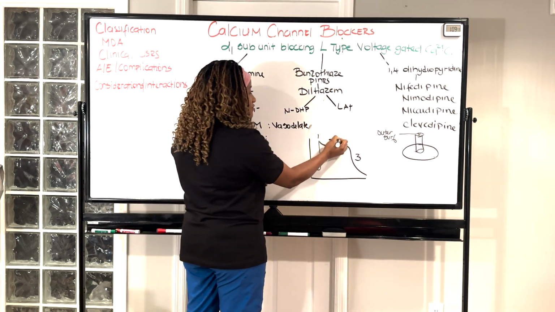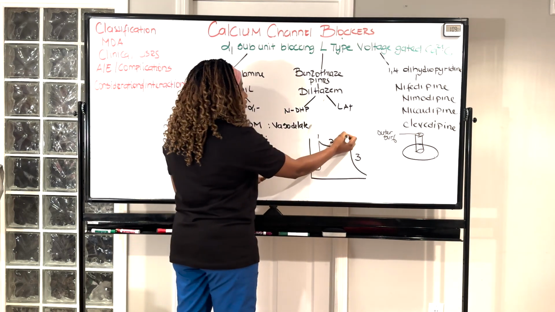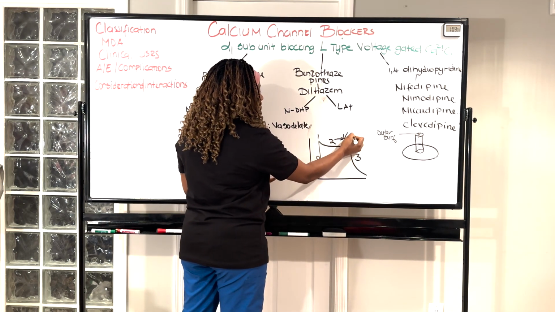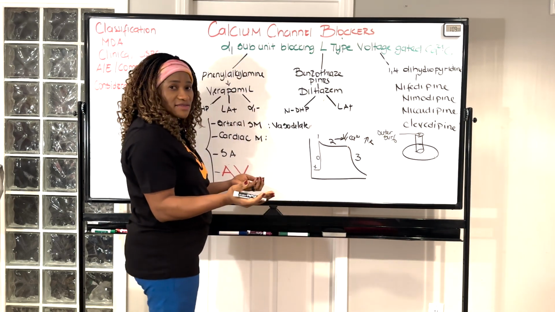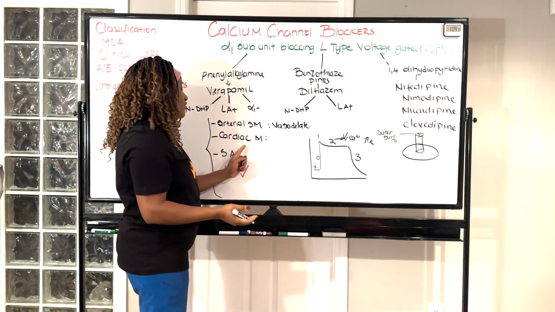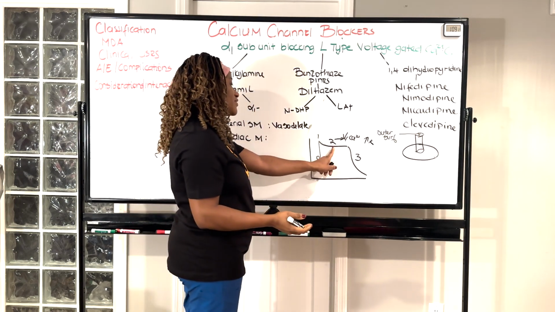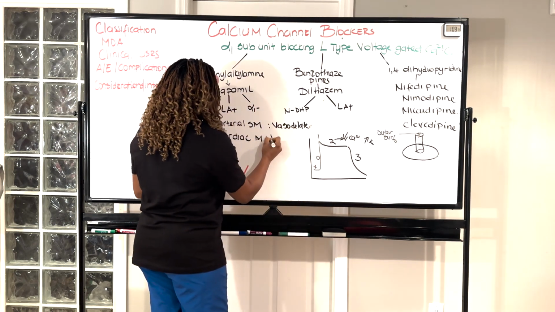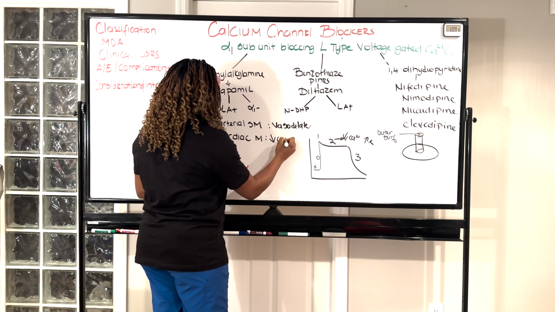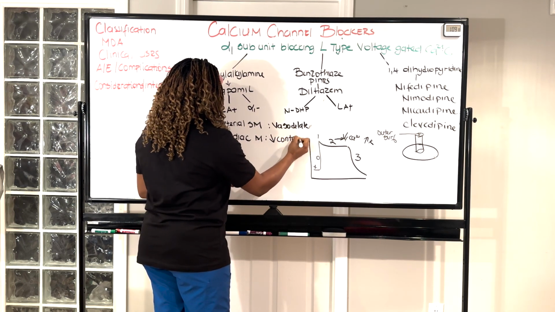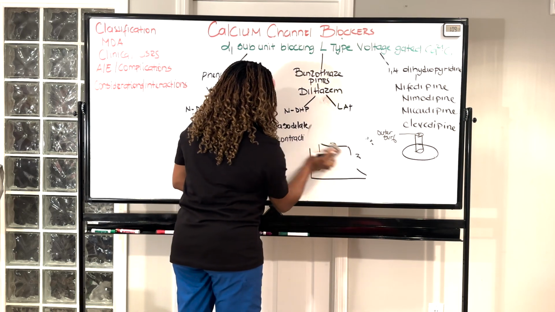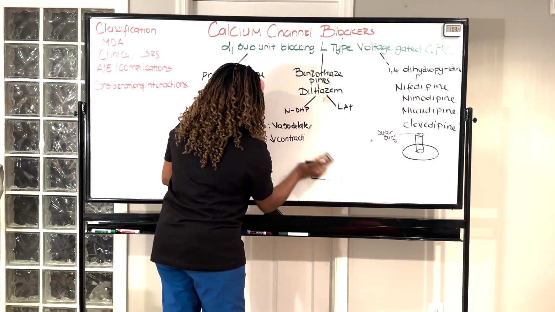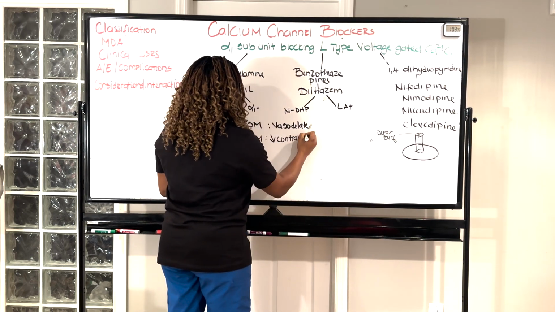Remember, on the plateau phase, which is phase 2, we have entry of calcium and potassium exit, which gives us that plateau. So on the cardiac muscle cell, acting on phase 2, they're going to decrease the contractility of the heart.